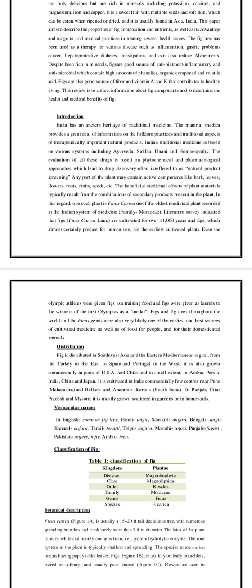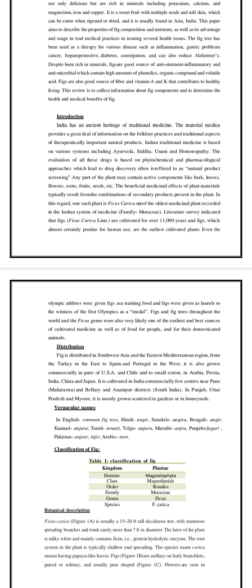In this regard, one such plant is Ficus carica, one of the oldest medicinal plants recorded in the Indian system of medicine. Literature survey indicated that figs, that is Ficus carica, have been cultivated for over 11,000 years, and figs almost certainly predate other plants for human use, being the earliest cultivated plants.